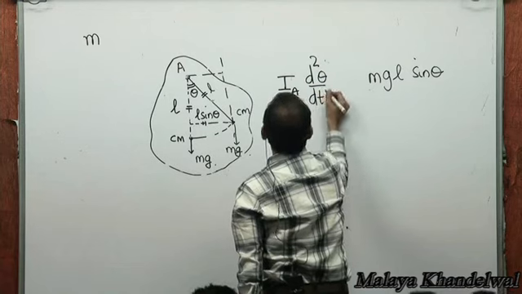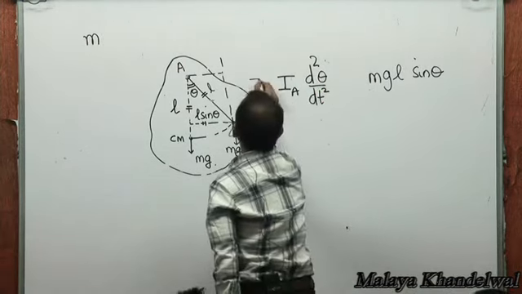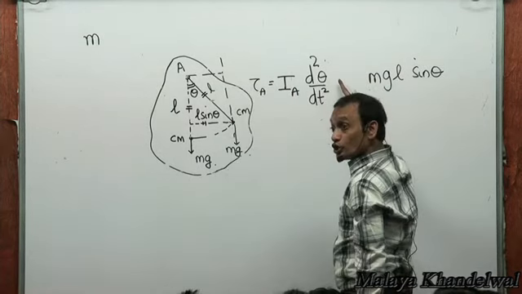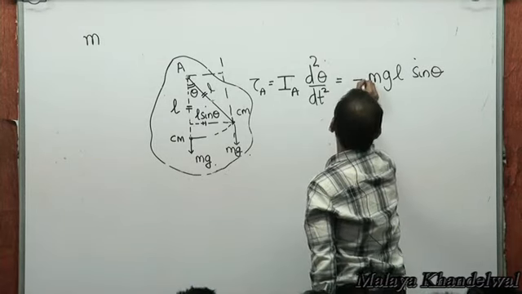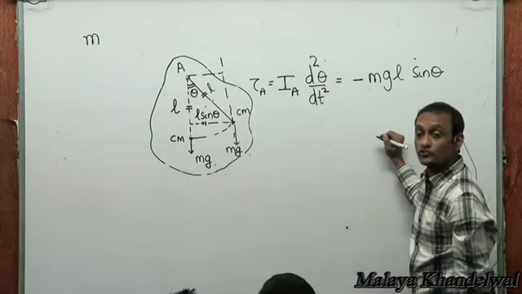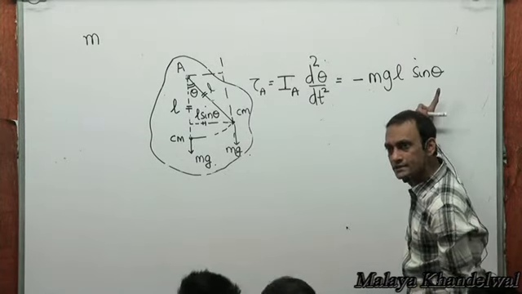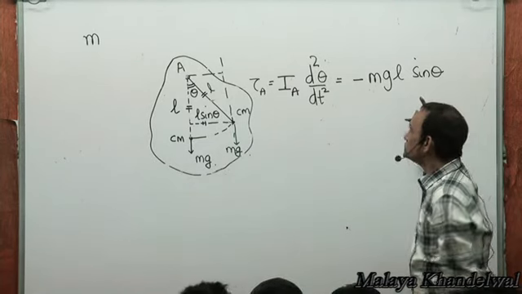That's the torque about A, right? Now, this torque is clockwise, so it should be written as minus mgL sine theta, if I've chosen anti-clockwise positive and clockwise negative. Clear?